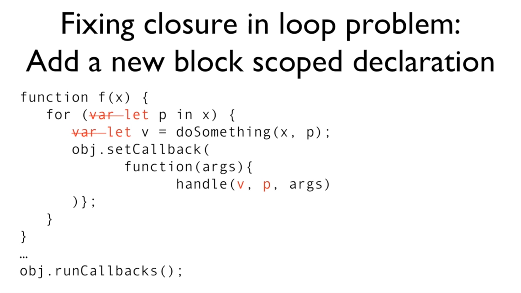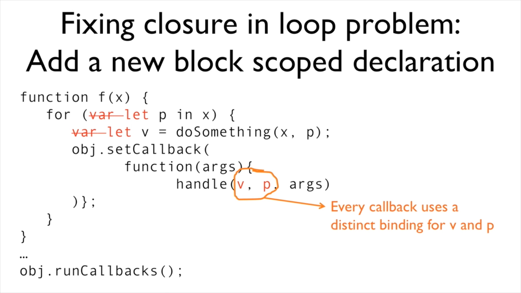And when you do that, then each time you capture the closure, you're capturing a reference to the variable in that block, not the global one, and that way it works. Okay, so essentially every callback here gets a distinct binding for v and p. So that fixes the problem.